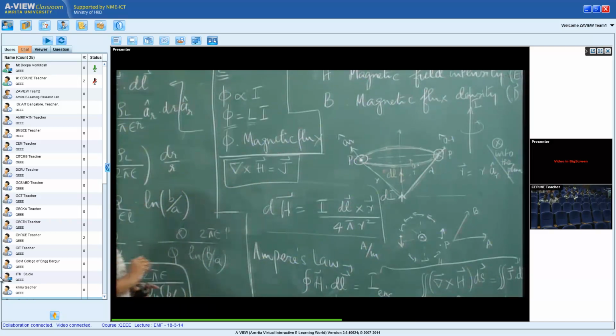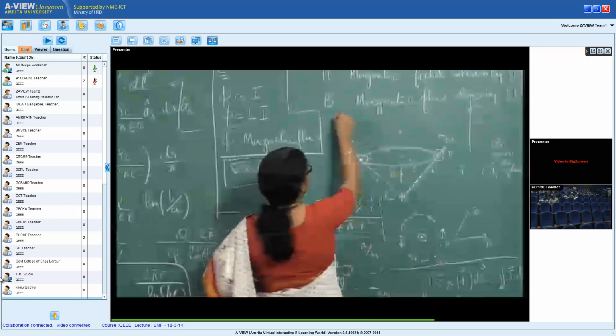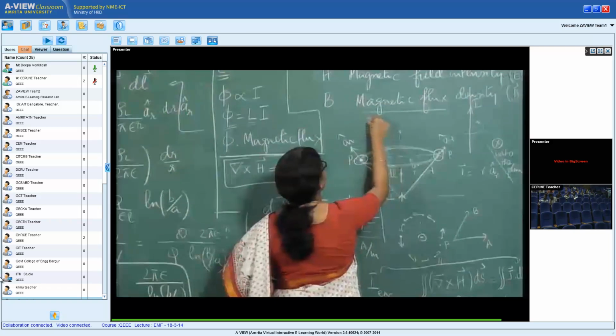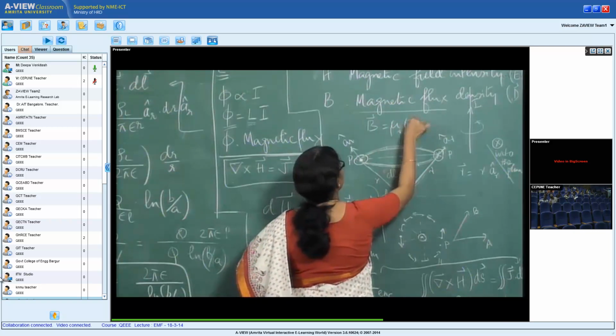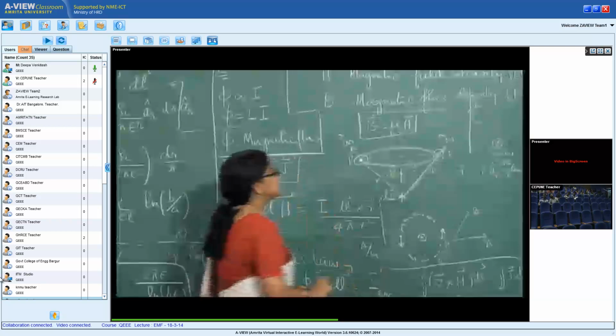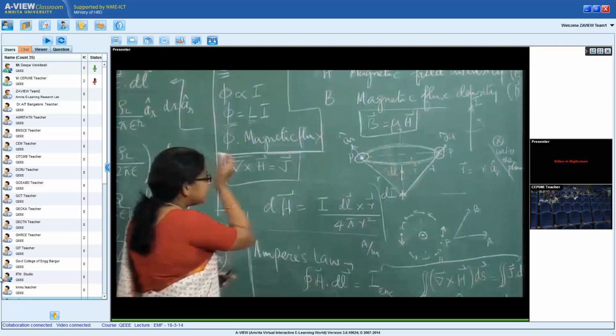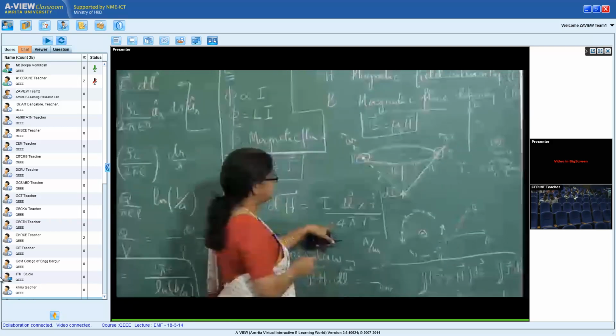Before I close the class today, how do you relate magnetic flux density to H? B is mu times H, where mu is the permeability of the medium. You see, H is independent of the medium.